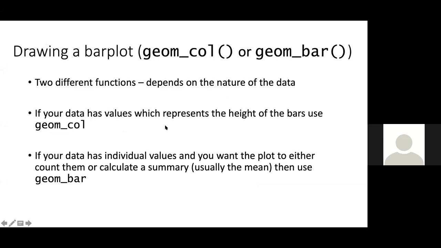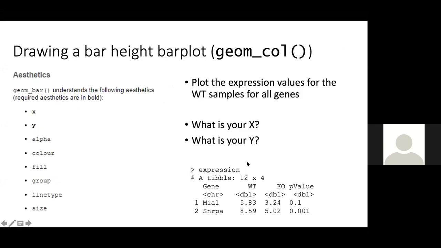You can also draw a bar plot using the columns or geom_bar. These two functions, you can use depending on the nature of your data. You can use them to plot your graphs in both ways. And likewise, you can use geom_col.